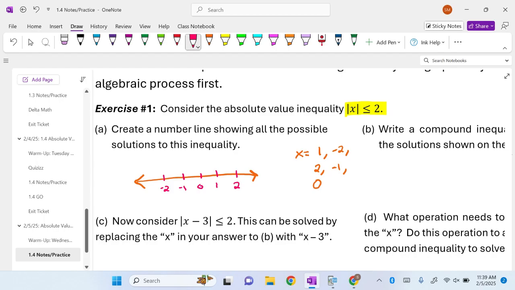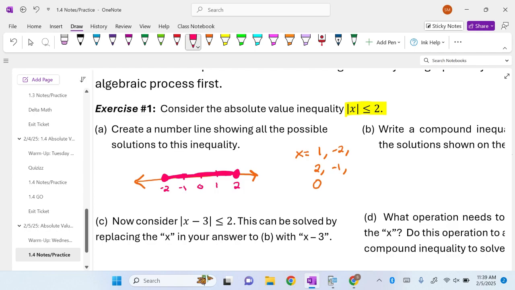For example, would 0.5 work? Yes. Would -1.25 work? Yeah. So basically, we're saying that any number in between -2 and 2 could work. And on top of that, not only any number between -2 and 2, but -2 and 2 themselves could work.